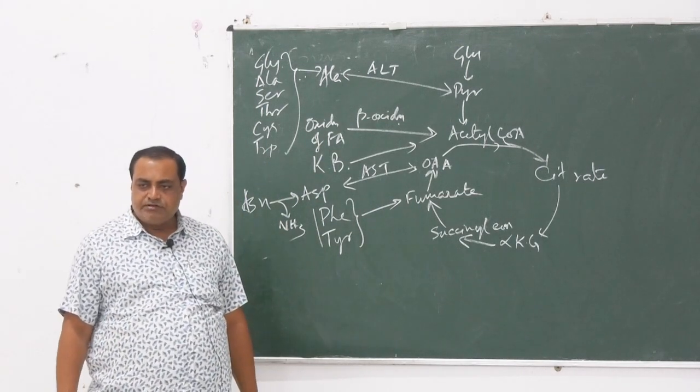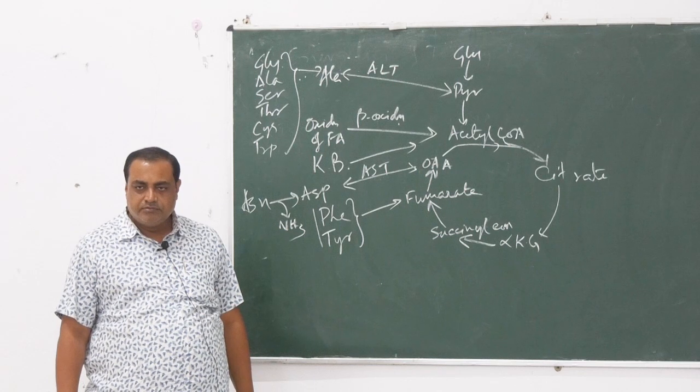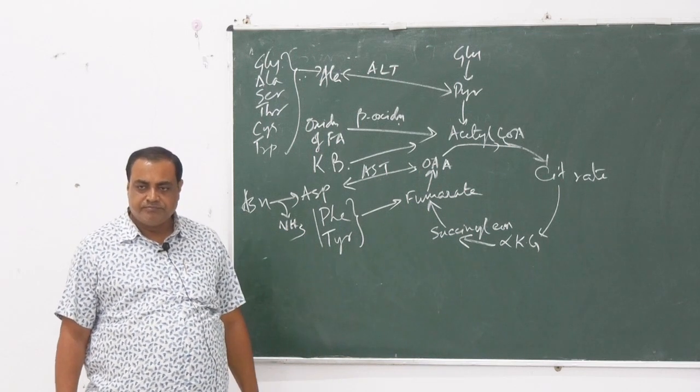Catabolism of phenylalanine and tyrosine will give rise to fumarate.